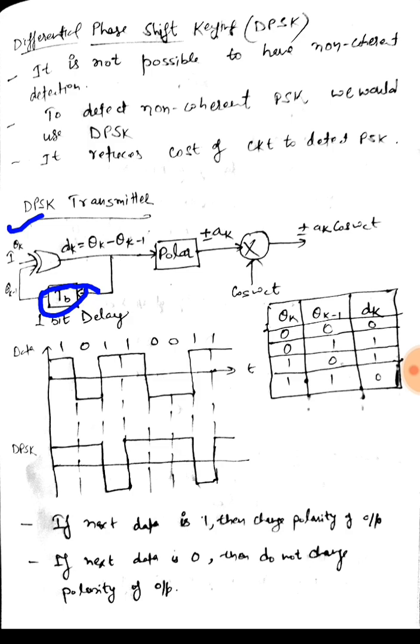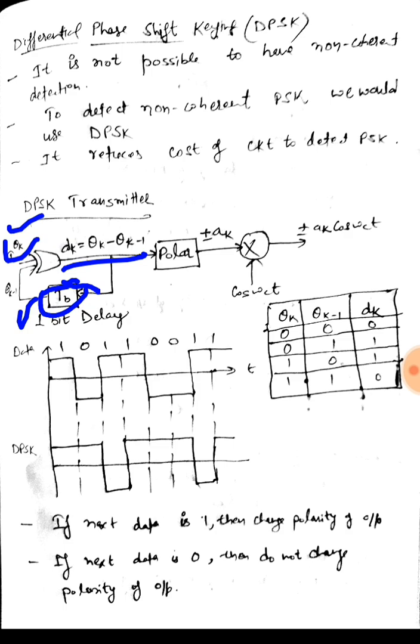So if this is theta k at the input, we would get theta k minus 1 as the output of the 1-bit delay circuit, which is a delayed signal, that is theta k minus 1. So at the output of the XOR gate we would get dk.